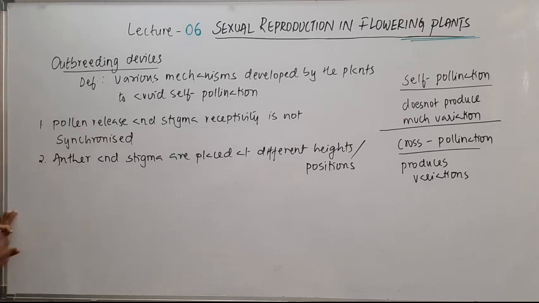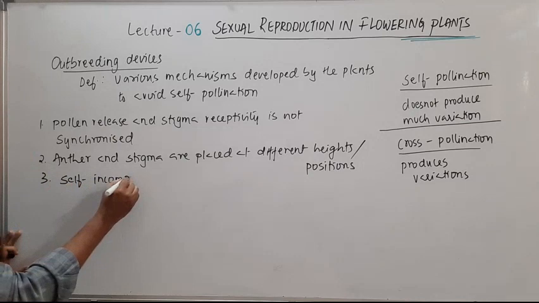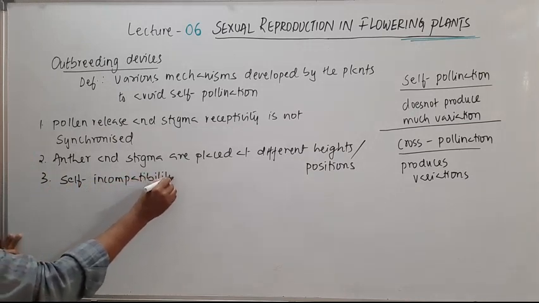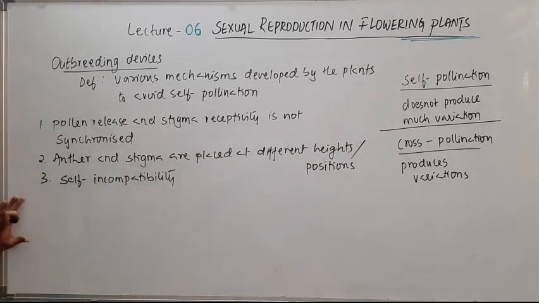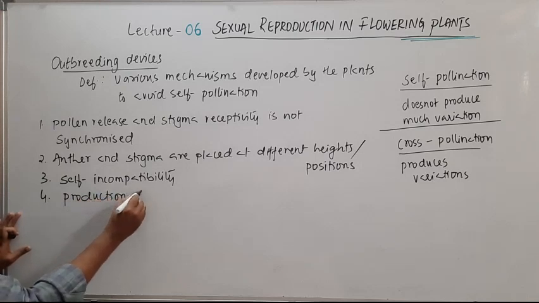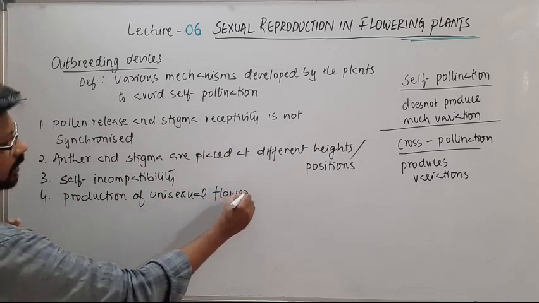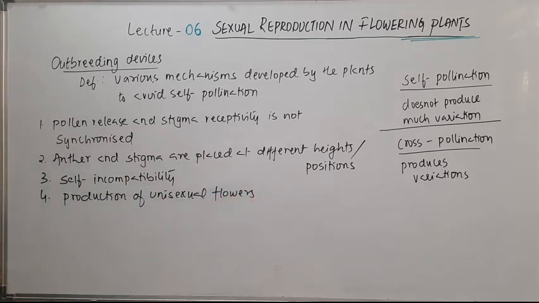Then the third one is self-incompatibility. So self-incompatibility, right? And the fourth one is the production of unisexual flowers. So, right, these are the outbreeding devices which I'm going to discuss. All these will help in preventing self-pollination.